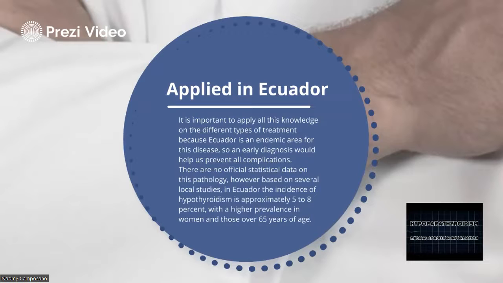There are no official statistical data on this pathology, however, based on several local studies, in Ecuador the incidence of hypoparathyroidism is approximately 5 to 8%, with a higher prevalence in women and those over 65 years of age.